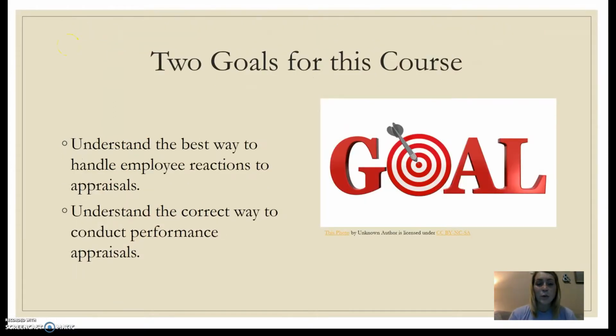From this class, I'd really like to get a lot of things out of it, but primarily there are two goals that I really want to focus on for this course. First, I want to understand the best way to handle employee reactions to appraisals.